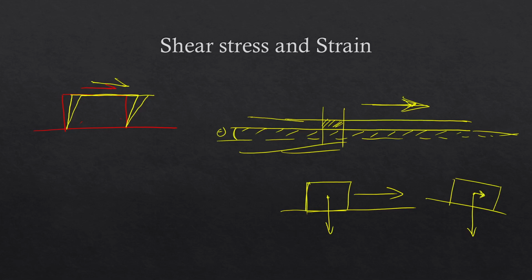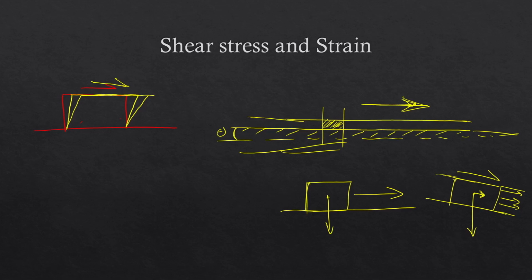That will act as the shear force, and because of that shear force the fluid will start moving in this direction. So that's what it means, that liquid or fluid will move under shear stress.